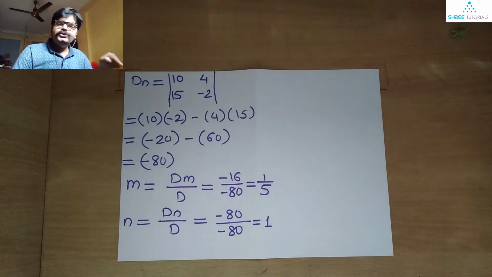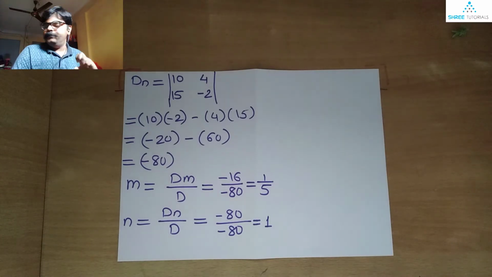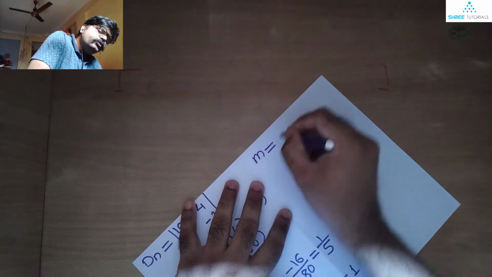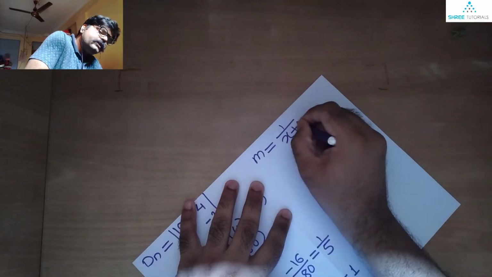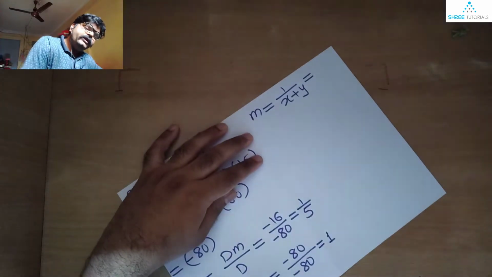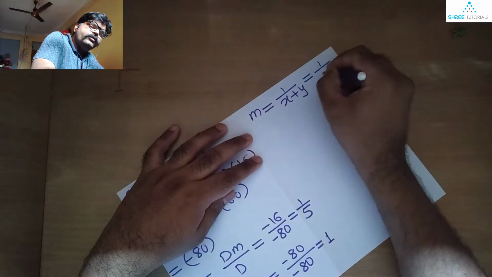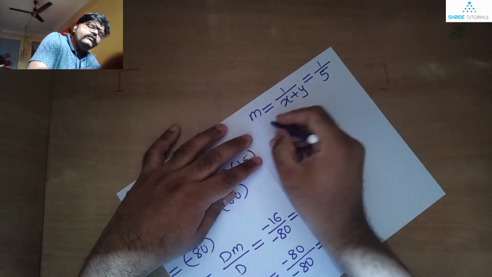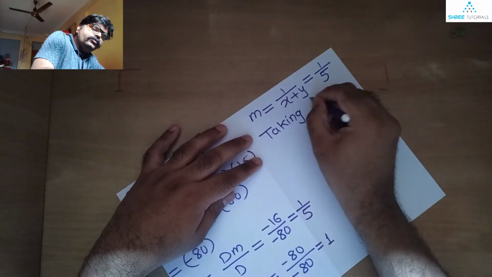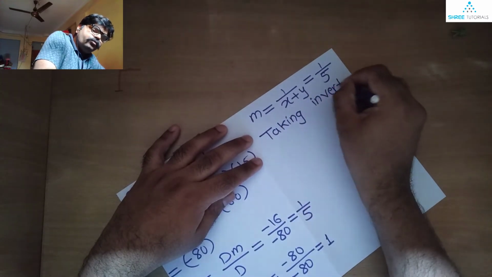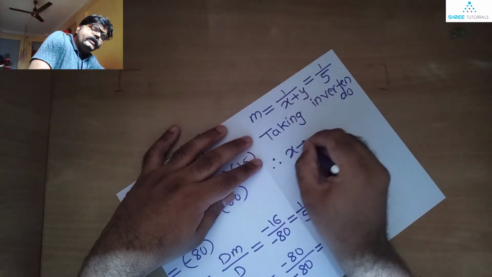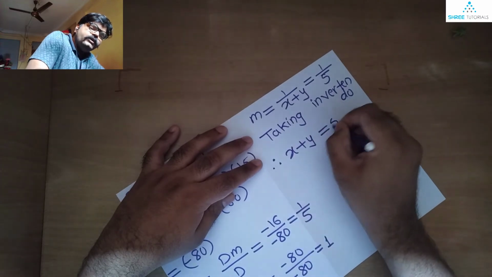After substituting these original values of m and n, m's value was actually 1 upon x plus y. If we substitute in here, it should be 1 upon 5, taking invertendo, we are going to have x plus y is equal to 5.